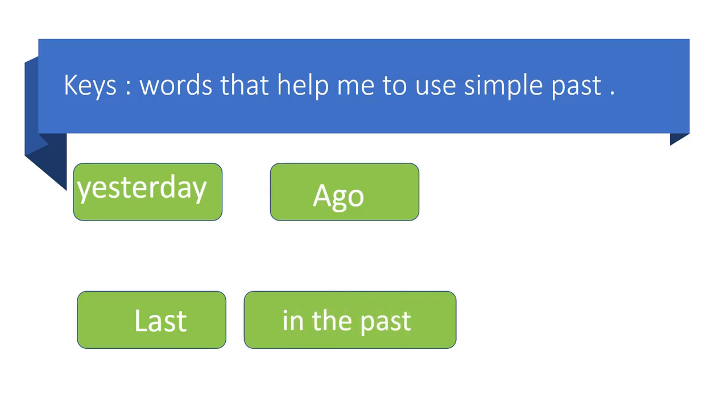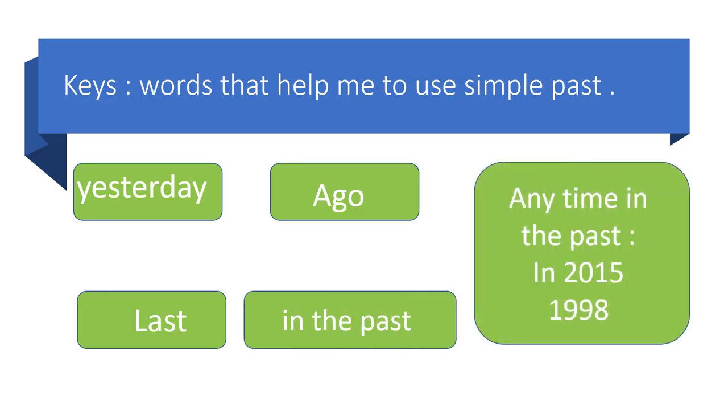In the past, any time in the past, like in 2015 or in 1998. If we see any word from these words, we must use simple past, and we call these words keys.